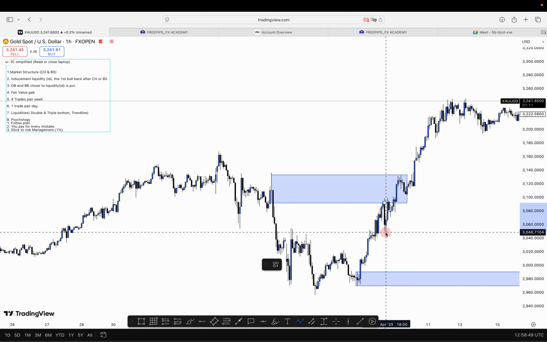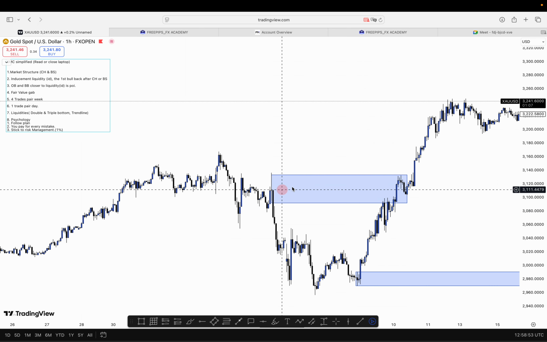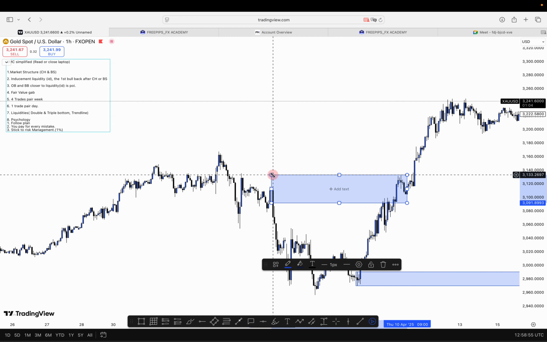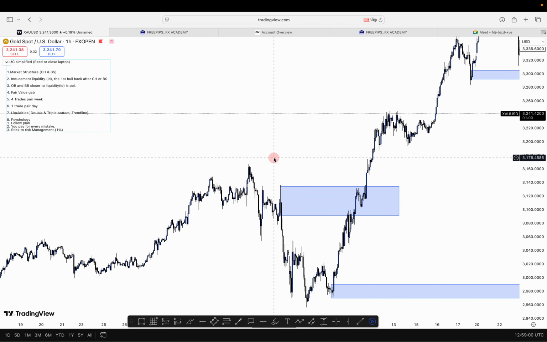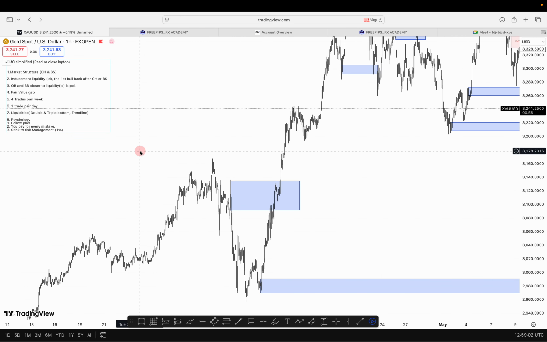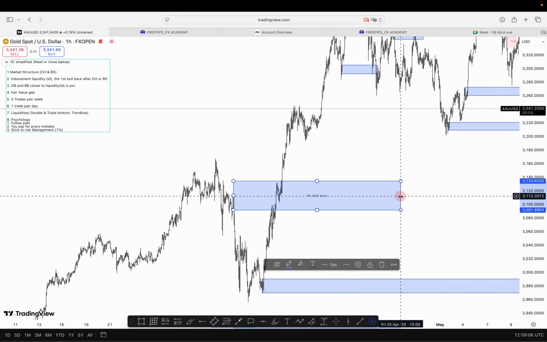It didn't give a strong move, and then finally it came to break it. So this order block has failed. Then price needs to come back and respect it.